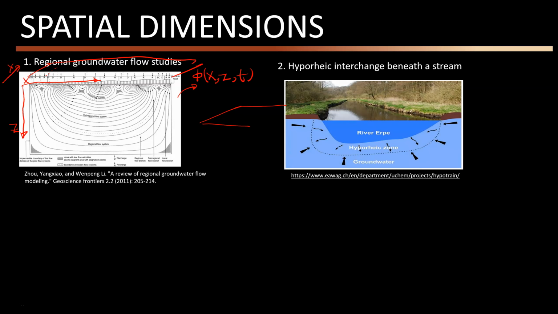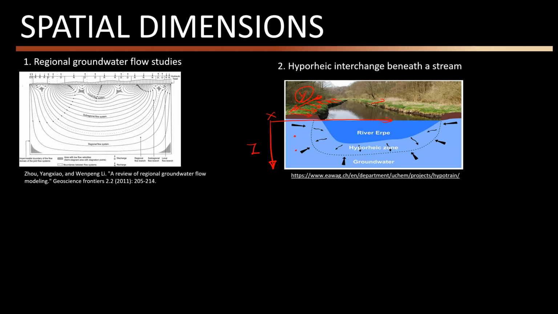The other interesting example is when we want to study the hyporheic interaction between the surface water and groundwater system in the hyporheic zone at points close to the streams. As you see here, we can assume that the groundwater moves into or out of the aquifer parallelly like this, and we ignore this y dimension, and we focus more on what is happening in the z direction and in the x direction.